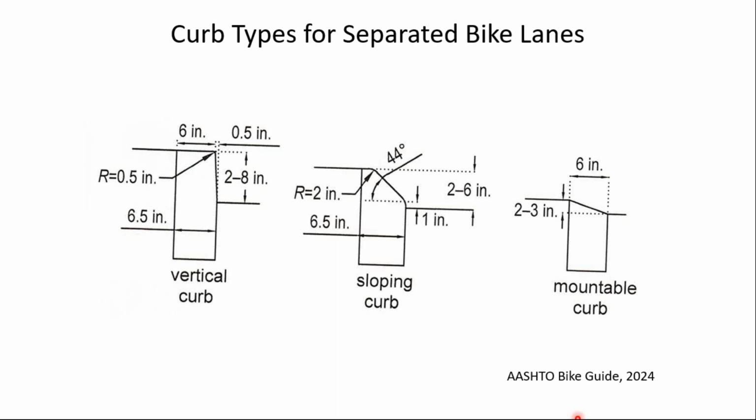Another issue may be curb types for separated bike lanes, to separate them, for example, from the sidewalk or the pedestrian facility. This is from the new AASHTO bike guide. They present three different curb types. You can see a mountable curb, a gently sloped curb, then a more steeply sloped curb, and then a vertical curb.